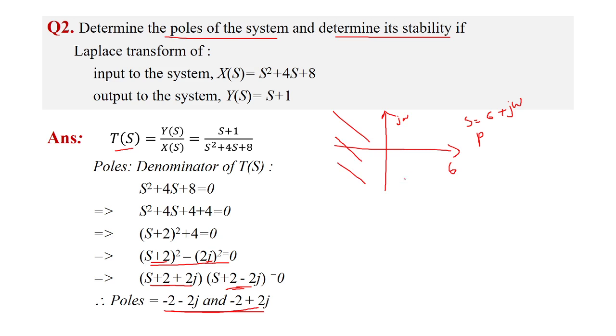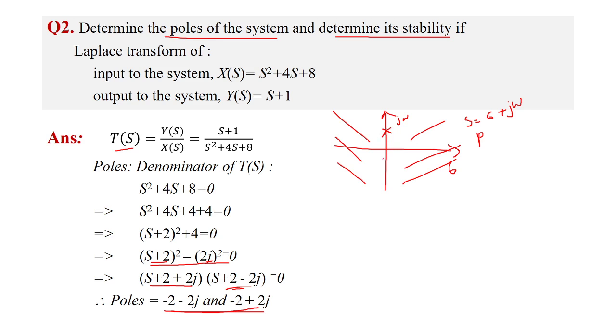And if the values of s lie on the right hand side of the j omega axis, it will be unstable. And if a pole lies on the j omega axis, it may be partially stable. It may be stable, it may not be stable, but usually it is partially stable.